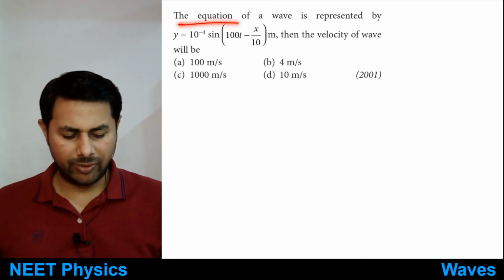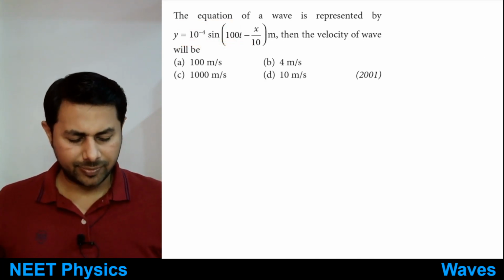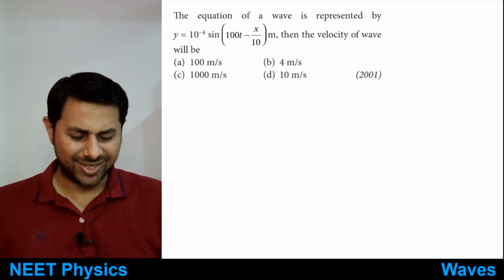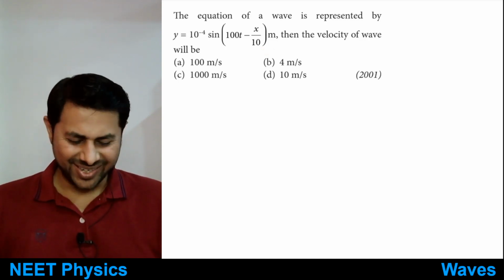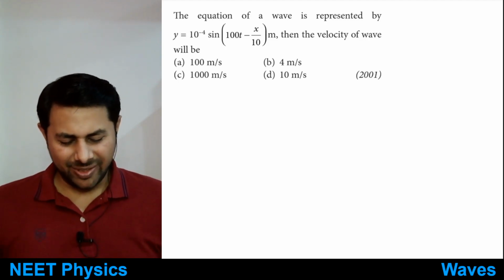The equation of a wave is represented by this thing, then the velocity of the wave will be. This is simple. These are some questions left from the last class that we are taking.